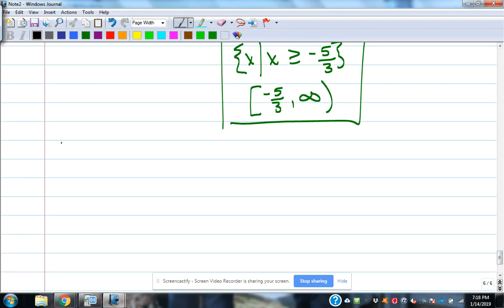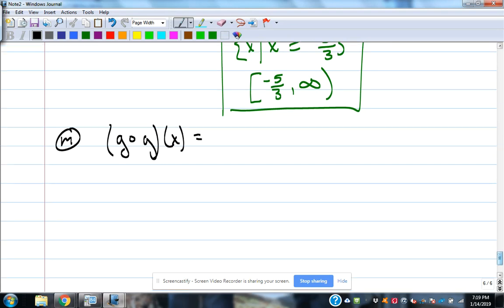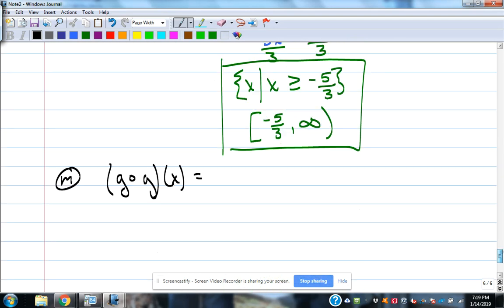Same two functions. Let's do G composed with G of X. Remember, G of X is 3x plus 5.